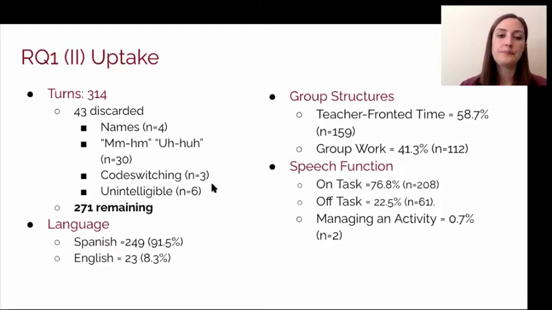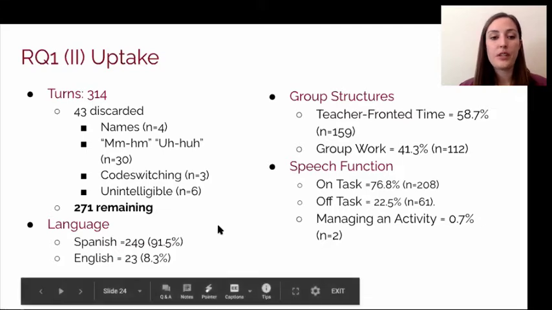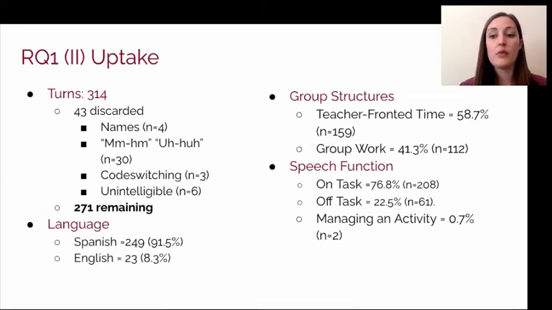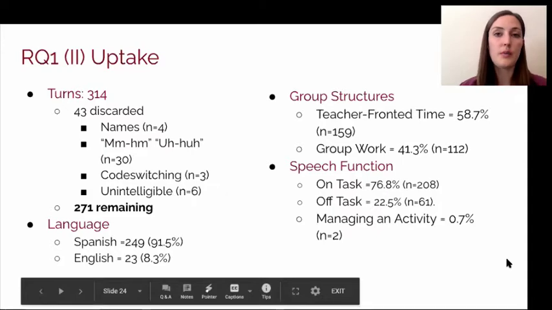And then 6, I couldn't understand the full response, and so those were discarded as well. So there were 271 remaining tokens of uptake that were analyzed. And the majority of these were in Spanish, and most of them occurred during teacher-fronted time, and most were on task, as we would expect based on the opportunities offered.